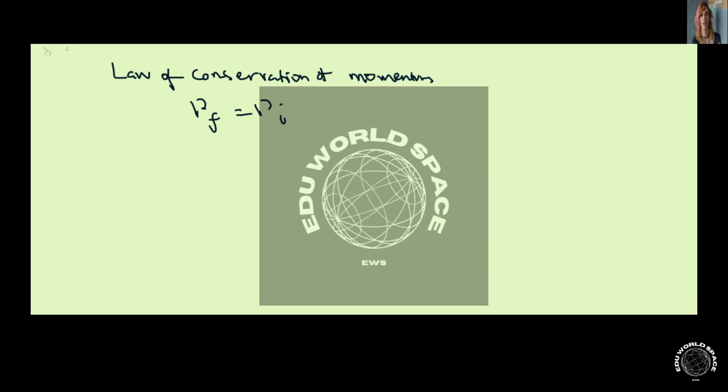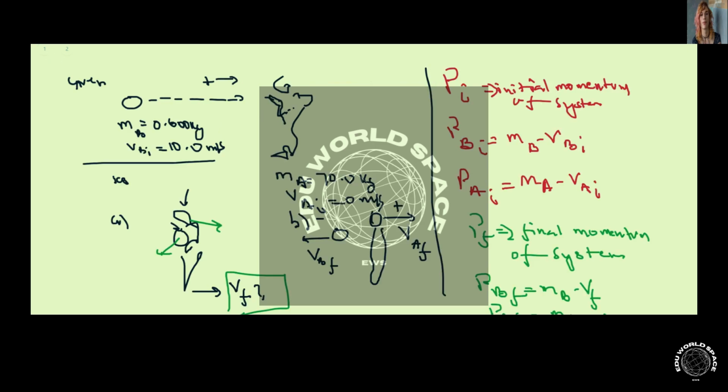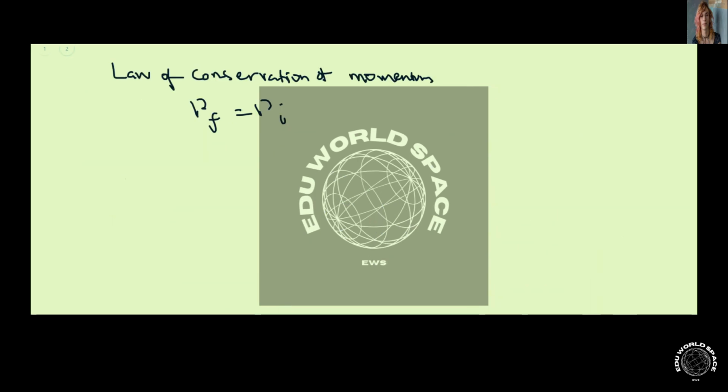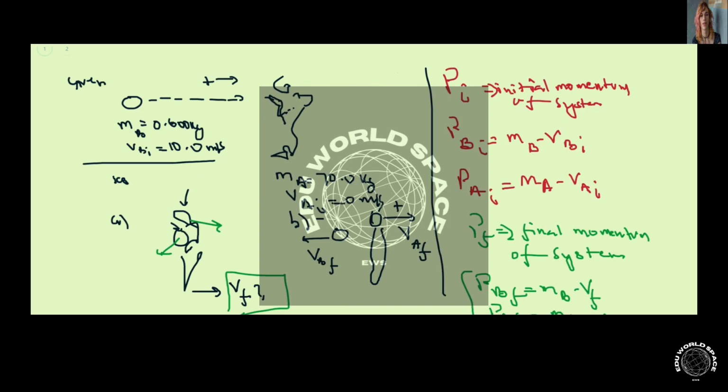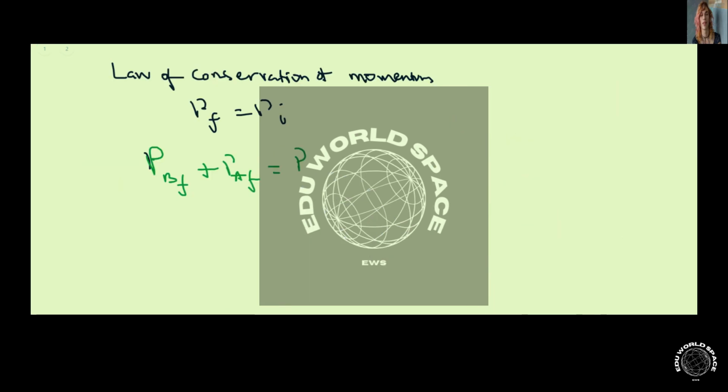The final momentum is the combination of the ball's final momentum plus your own final momentum, and that should equal the ball's initial momentum and your own initial momentum.